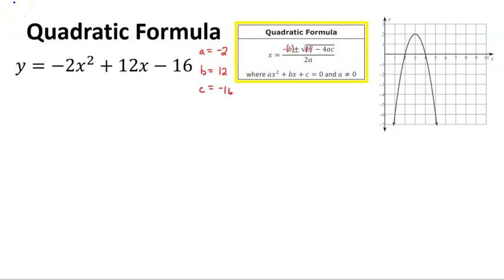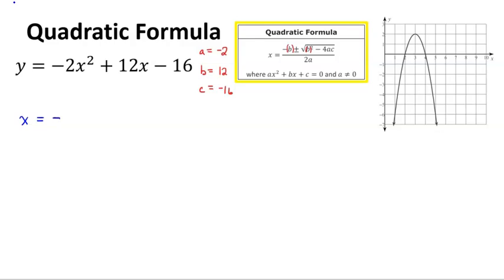All right, now from here, we're going to go ahead and put this into our formula. So I'm not going to rewrite it. When I'm taking a test, I normally write out my formula and then put my stuff down. It just makes it a lot easier for error analysis if I need to go back and look at something. But in this case, we're just going to use what's already on our paper.